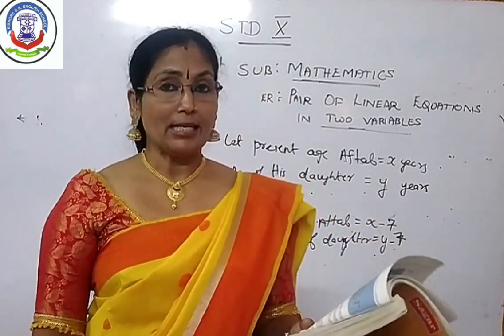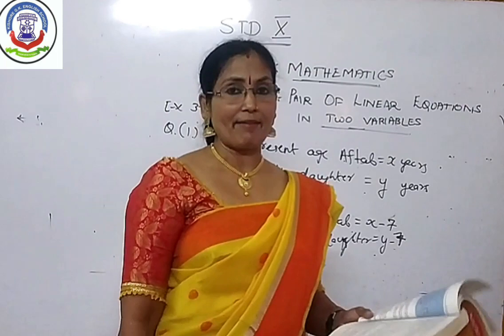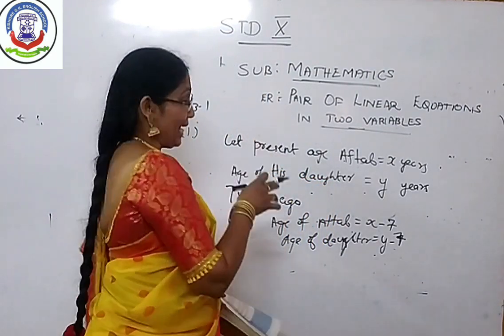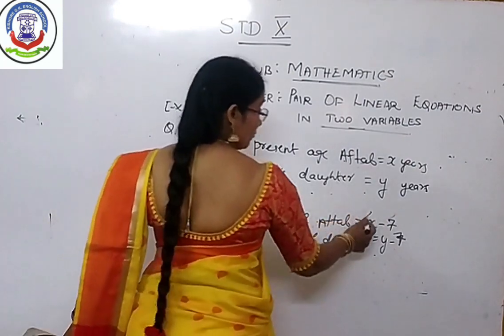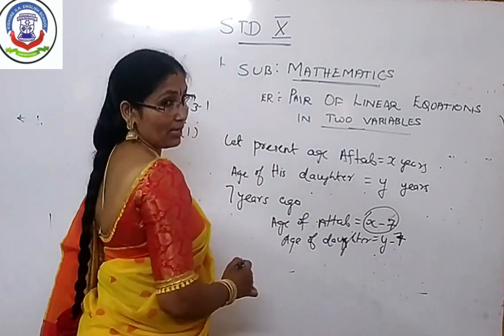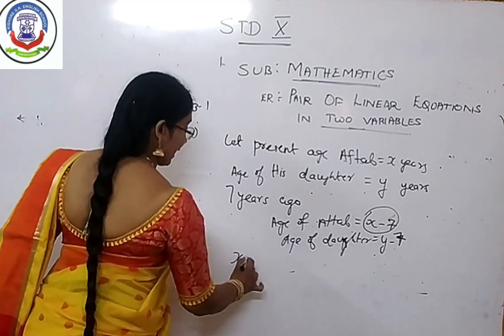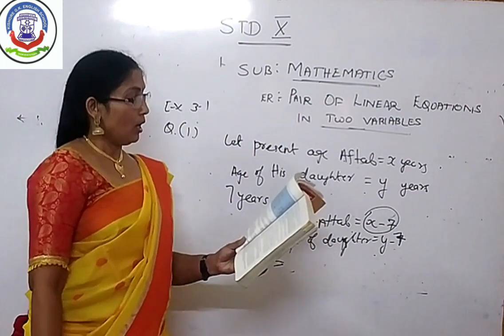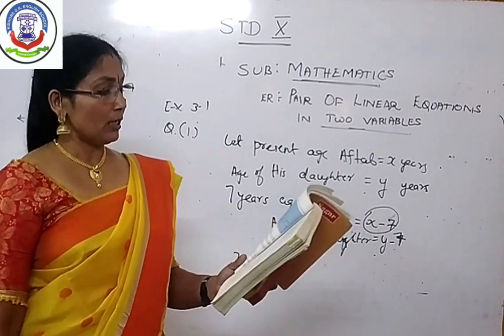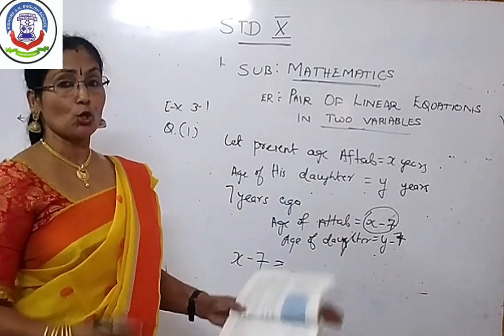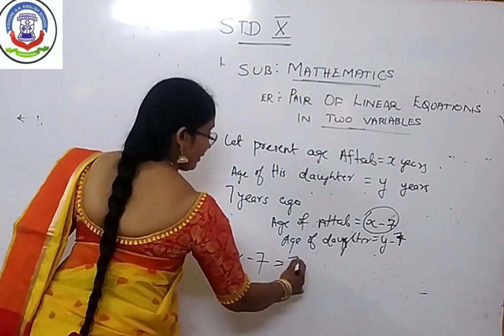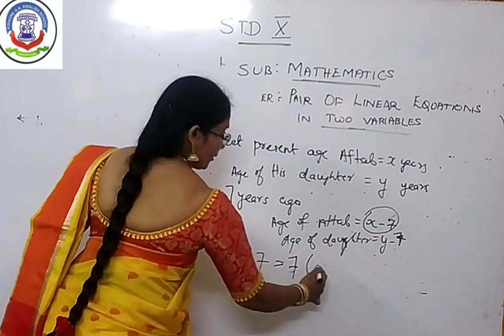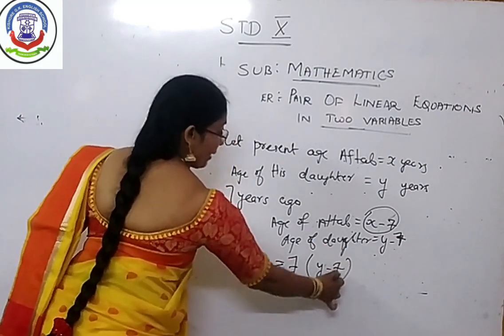It was given that 7 years ago, I was 7 times. What is the meaning of that? I was means x minus 7. I here means Aftab. So x minus 7 was equal to 7 times as old as you were. 7 times means 7 into daughter's age, and the daughter's age is y minus 7.